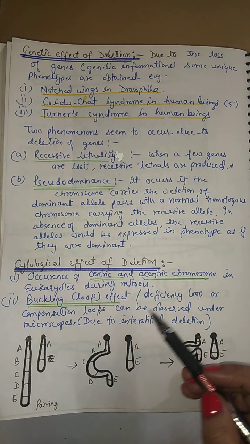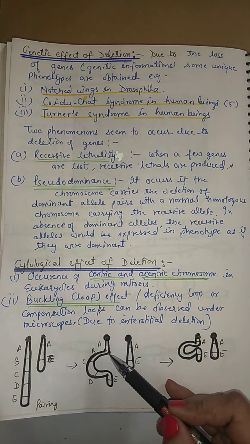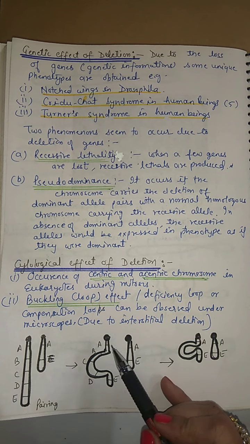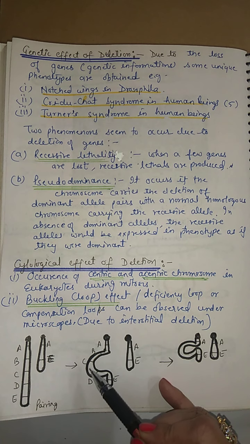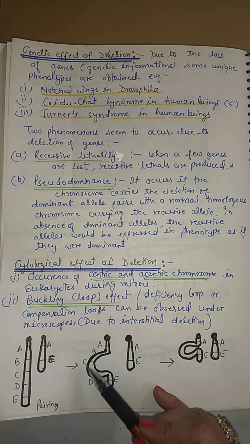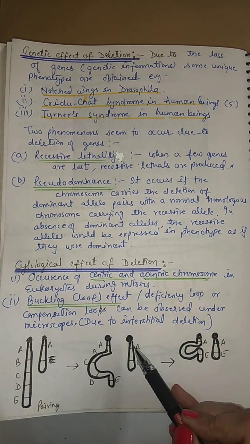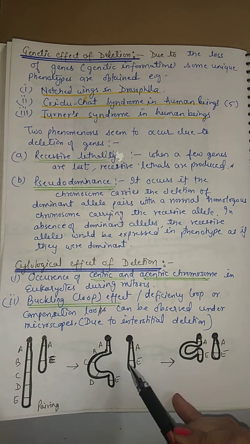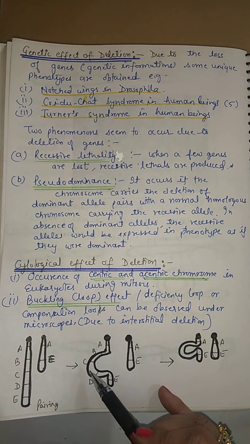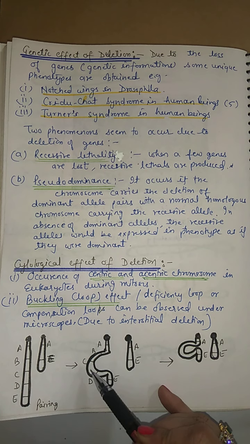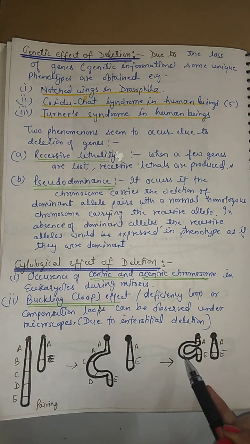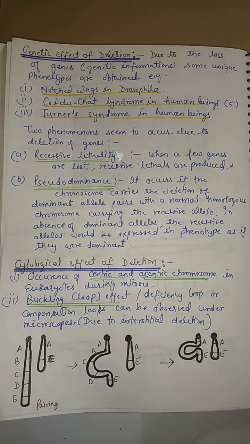He found that due to the deficiency of some genes during pairing, one of the chromosomes forms a loop, since it has extra genes B, C, D, which are lost between A and E in the other. Hence this A will pair with this A and E with this E. The rest of the segment of the chromosome will form a loop, which can be observed during crossing over. So this was about deletion.